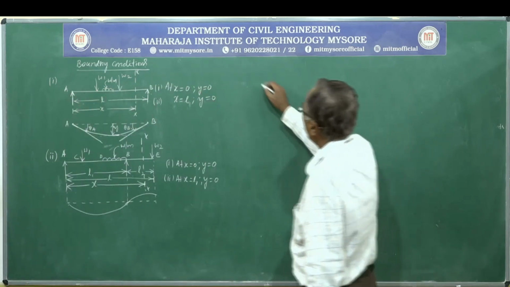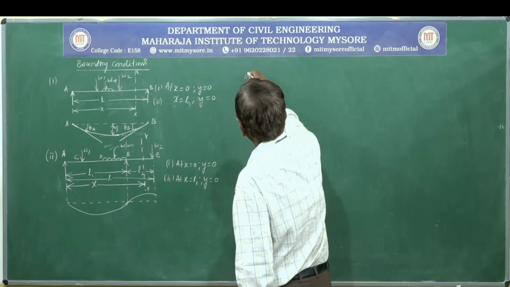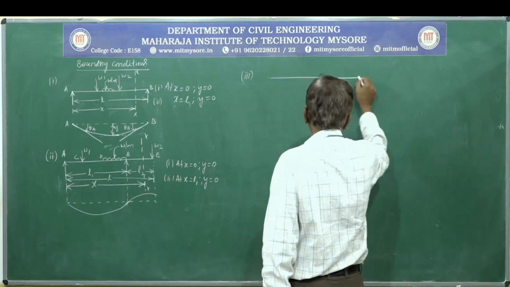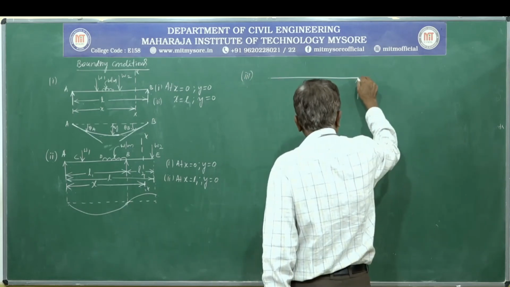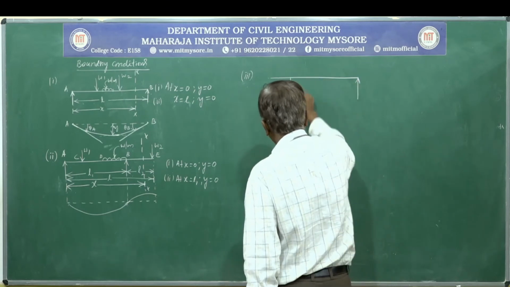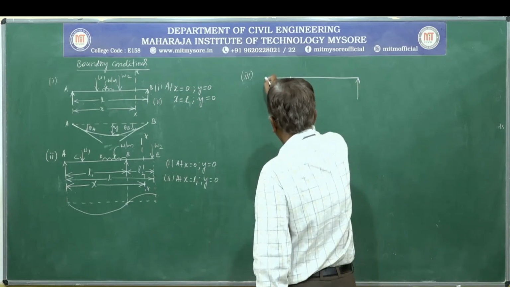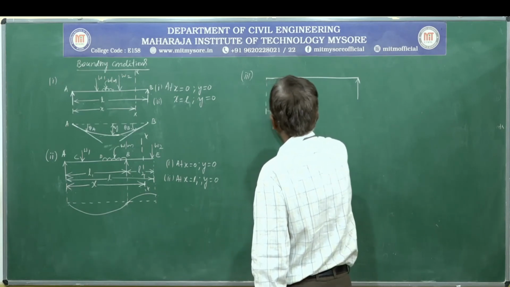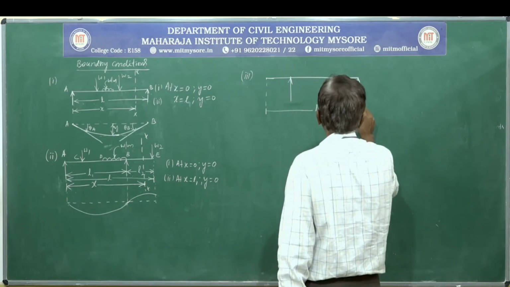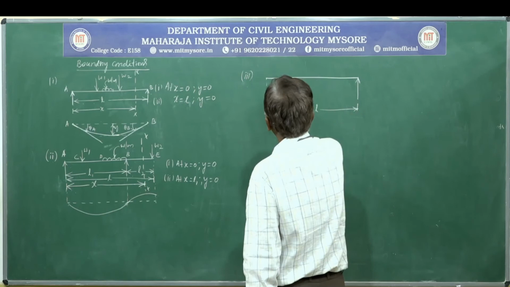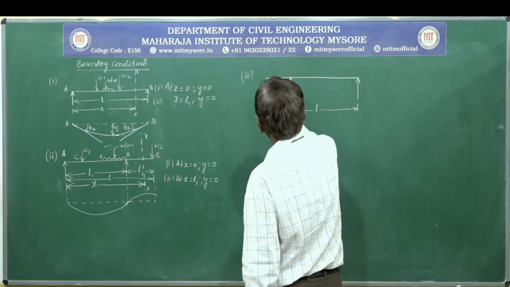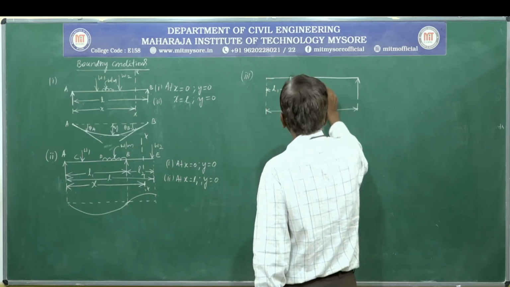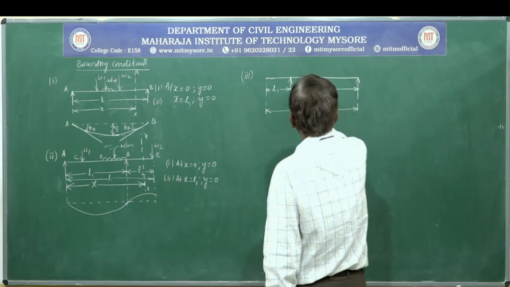For example, third case, if the beam is again a single overhanging beam, overhanging to the left hand side. Let the length of the beam be L. So, the distance from the left hand side to the first support is L1 and the distance from left support to right support is L2.